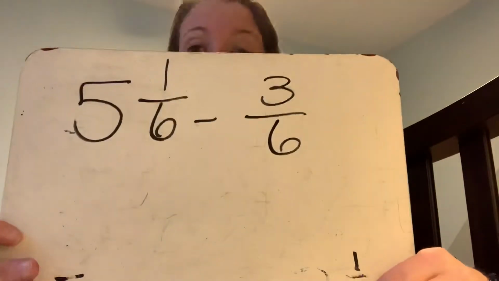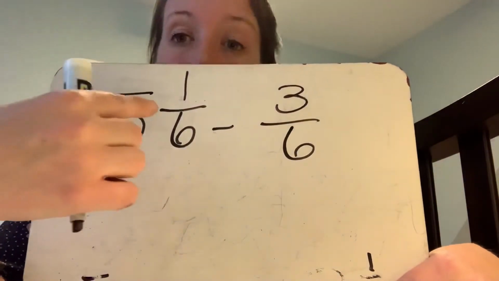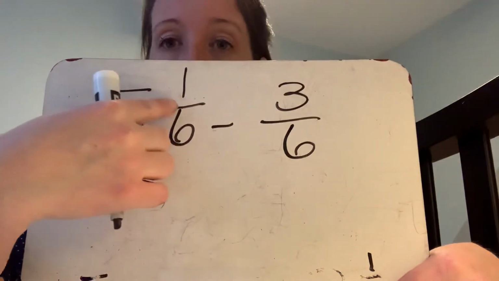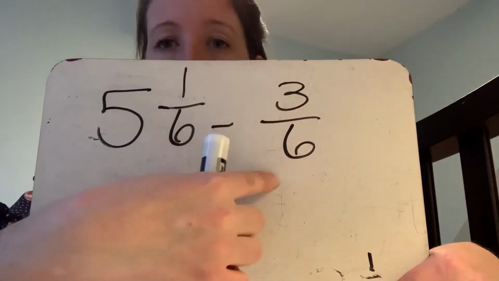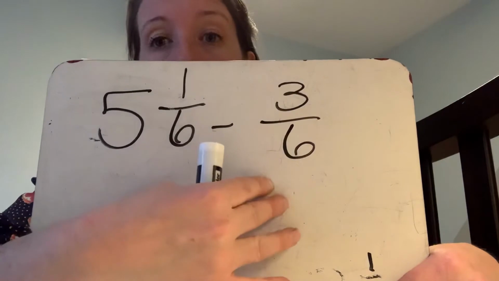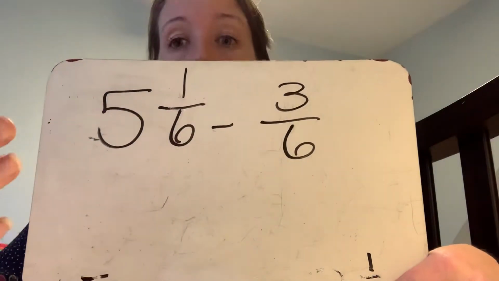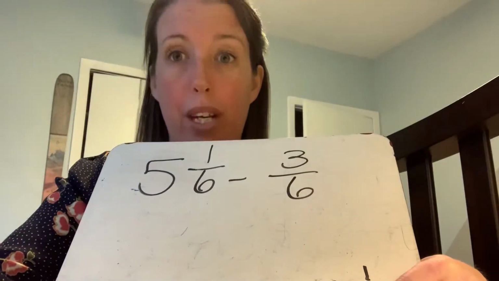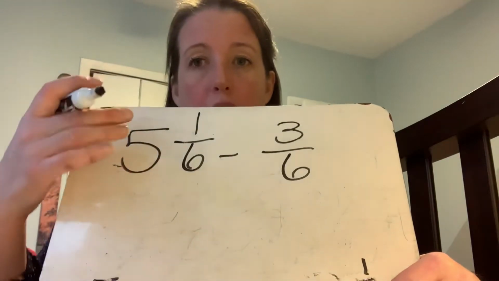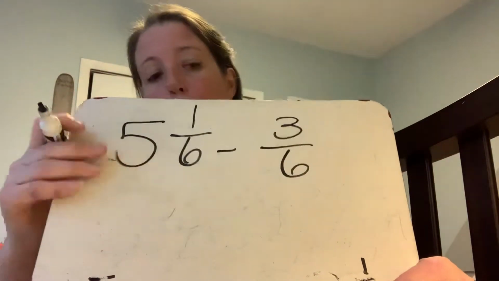This is going to require some extra work, because if we have 1/6, we're not able to take away 3/6 unless we regroup, but in fractions they call it renaming these fractions. So we're going to have to do some work with this whole number here. We're going to get into the nitty-gritty of that right now.